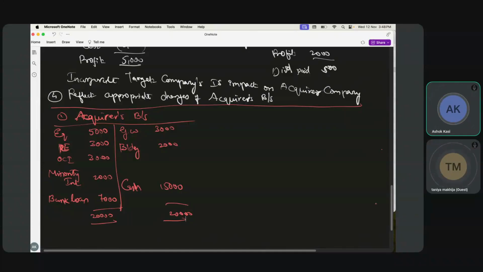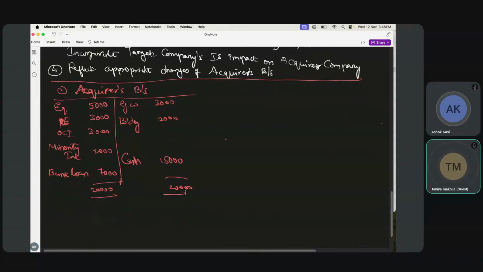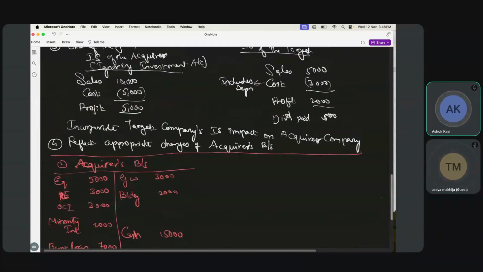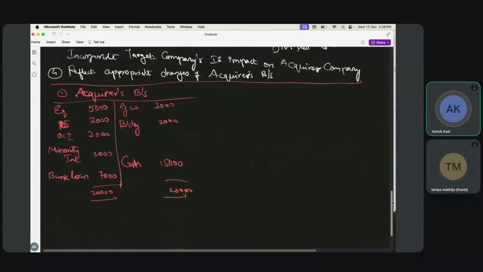This equity method of accounting is also called single line accounting. Single line accounting means I paid 9,000 to buy this company's shares, and that is called investment in associates. So I am going to mention here investments in associates, which is 9,000.